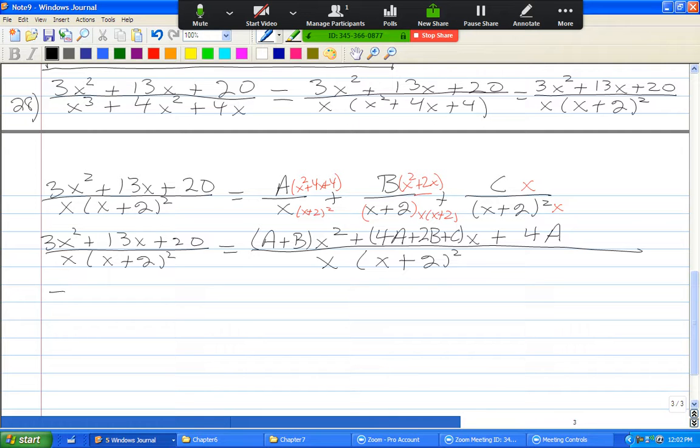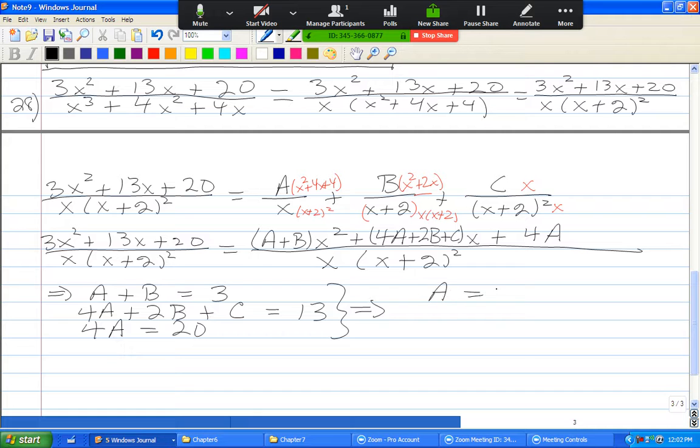Plus, the linear term is only 4a. So let's equate coefficients. So a plus b is equal to 3. 4a plus 2b plus 1c is equal to 13. 4a is equal to 20. So 4a is 20, so a is 5.